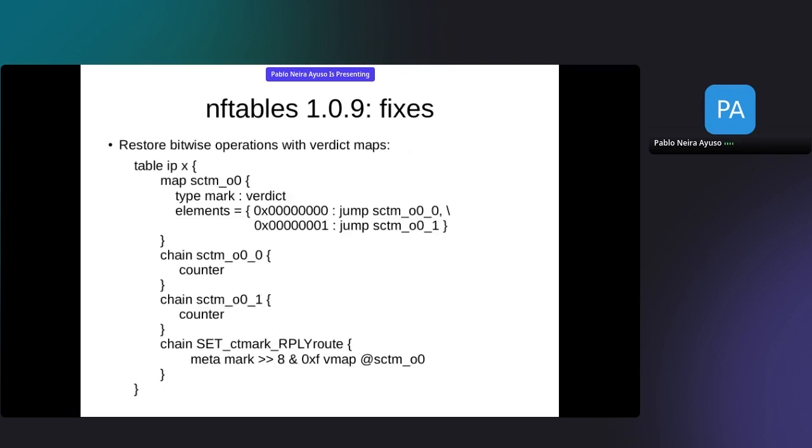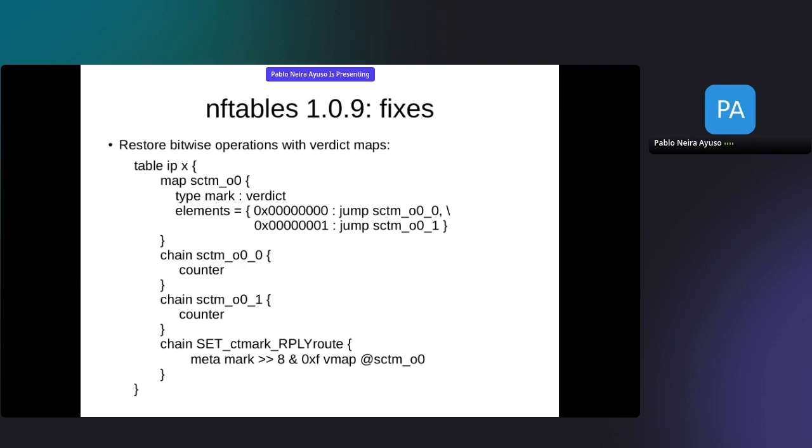Now this is fixed. There was another regression that has been fixed. This has been reported recently. It's basically when combining meta mark with bitwise operations and then verdict maps to jump to chains based on the value. Make sure that this keeps working. This example is matching on the meta mark.